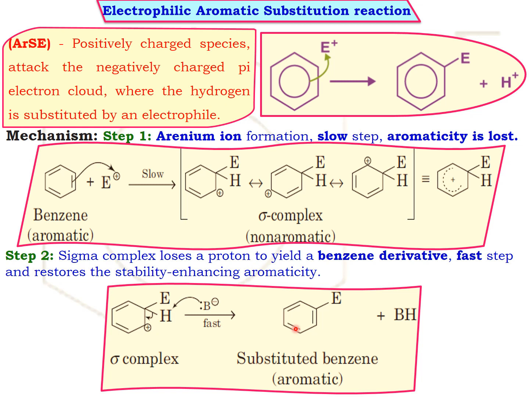Here, the non-aromatic sigma complex, by the removal of a proton, retains its aromatic nature. So it is a fast step. These are the two steps involved in the mechanism of aromatic electrophilic substitution reaction.